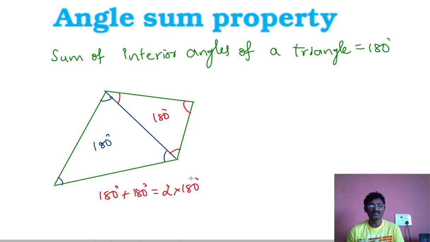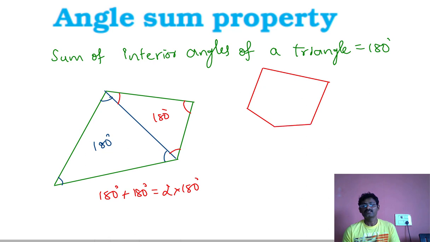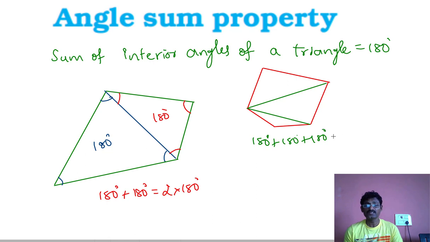Now, if you take a pentagon like this, which has 5 sides, we can break this into 3 triangles like this. The sum of interior angles will be 180 plus 180 plus 180, which is equal to 3 times 180 degrees. We can generalize the sum of interior angles of a polygon like this. Here 2 times 180, we can write as (4 minus 2) times 180.